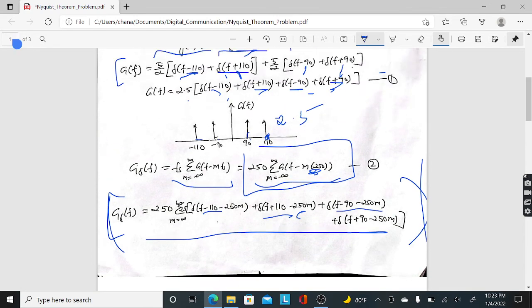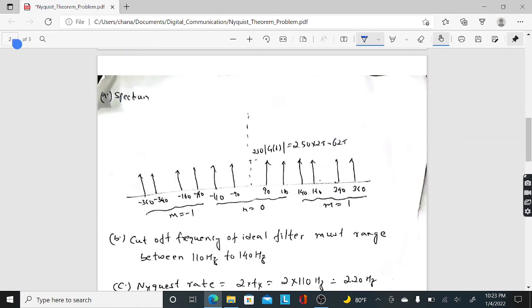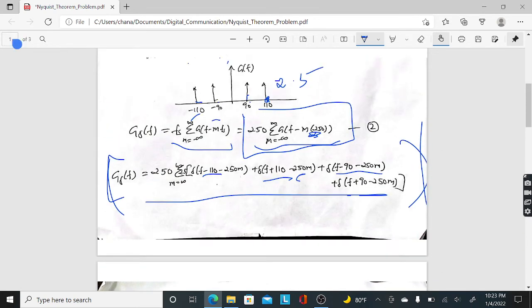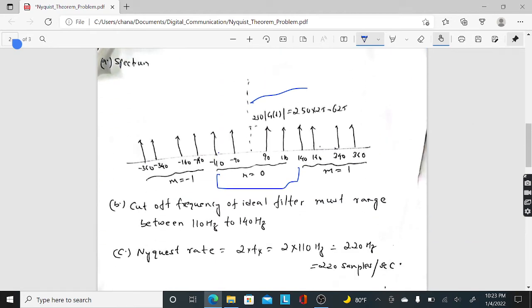I know G(f) is four impulses, at 110, minus 110, 90 and minus 90. So when m equals 0, I get the same four impulses, and the magnitude would be 250 times 2.5, which is 625.